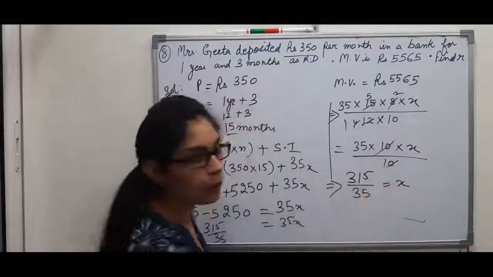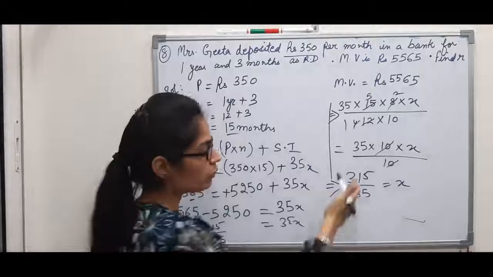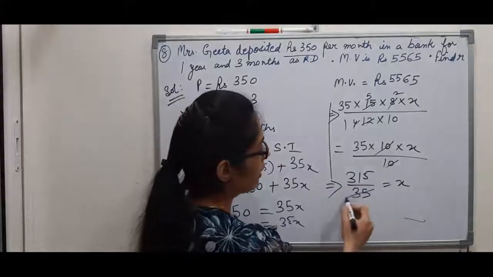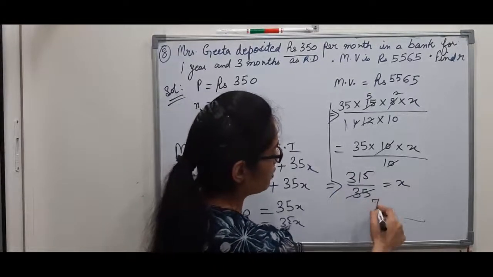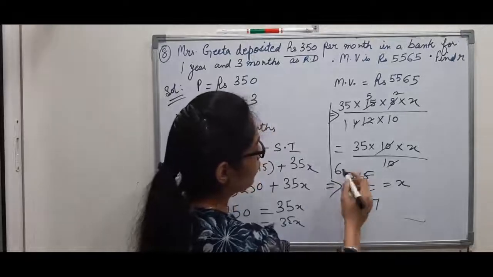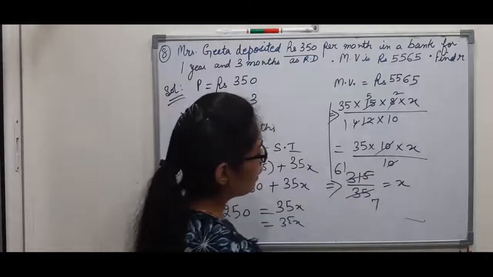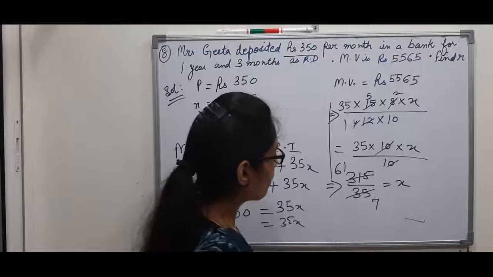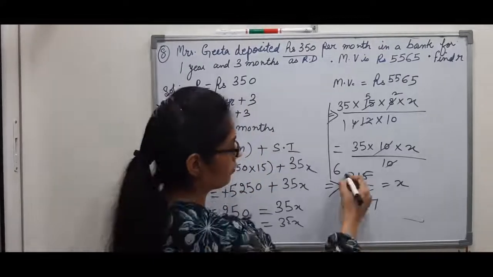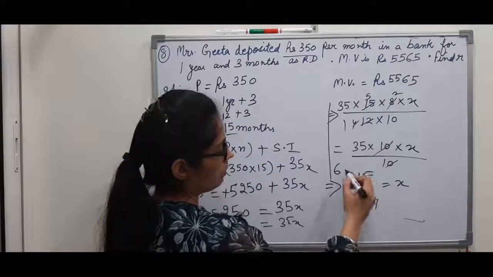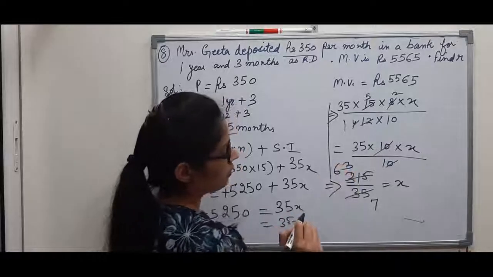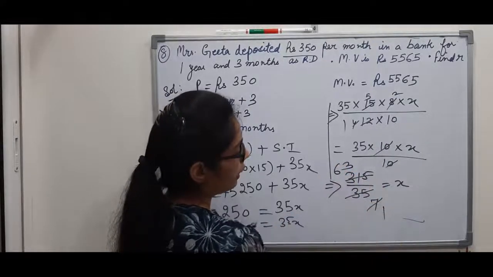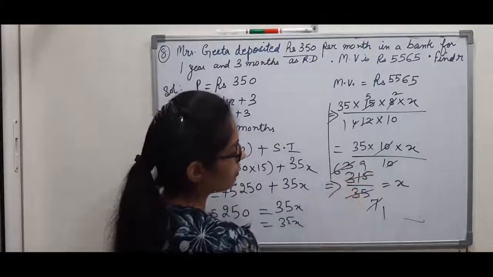Now I can see both are multiples of 5, so I can try to do cancellation in the 5's table. 5 into 7 is 35, 5 into 63 is 315. 7 into 1 is 7, 7 into 9 is 63.